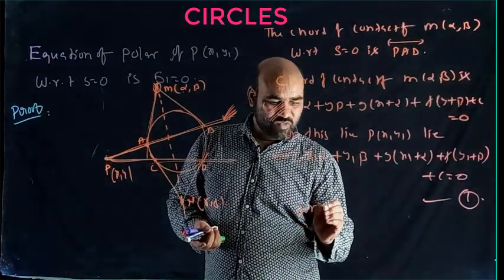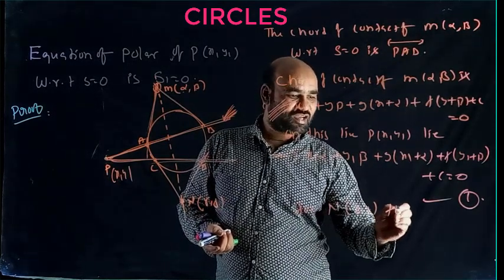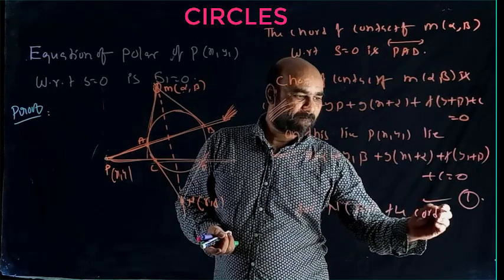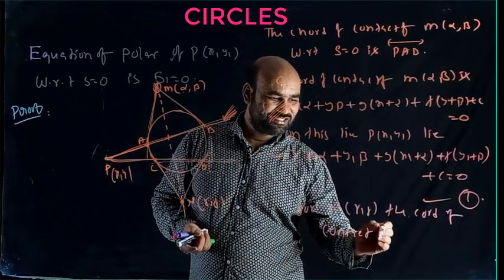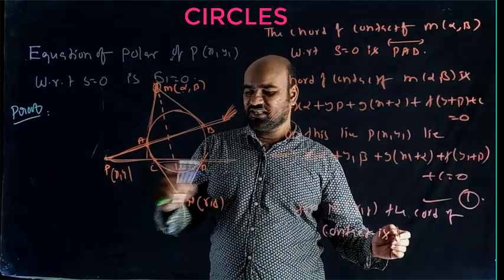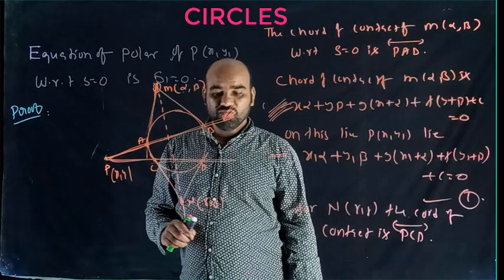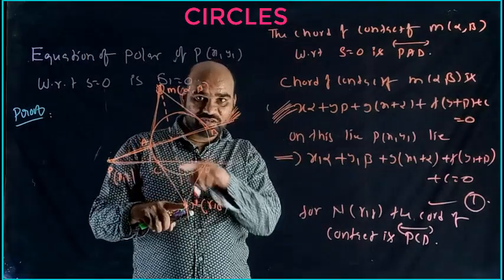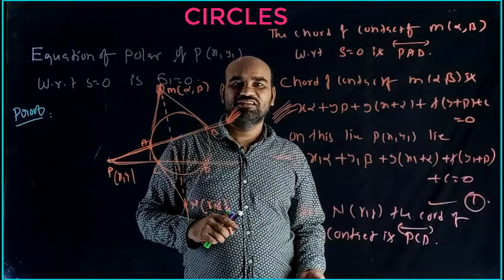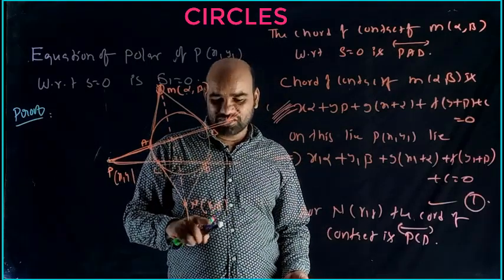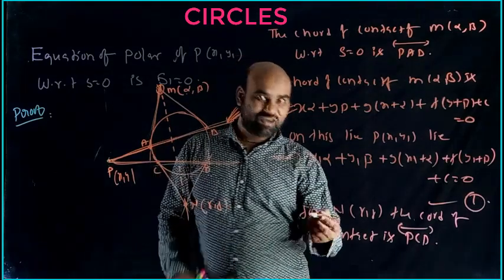For N(gamma, delta), the chord of contact is PCD. You know how to find the chord of contact of N with respect to the circle S = 0. That is S1 = 0 only: xx1 + yy1 + ..., where x1 stands for gamma and y1 stands for delta. So I want to write here.